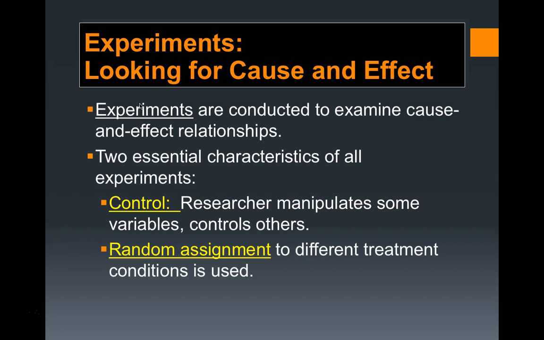Random assignment is essential because it's a form of control. It prevents the self-selection of people into an experiment.